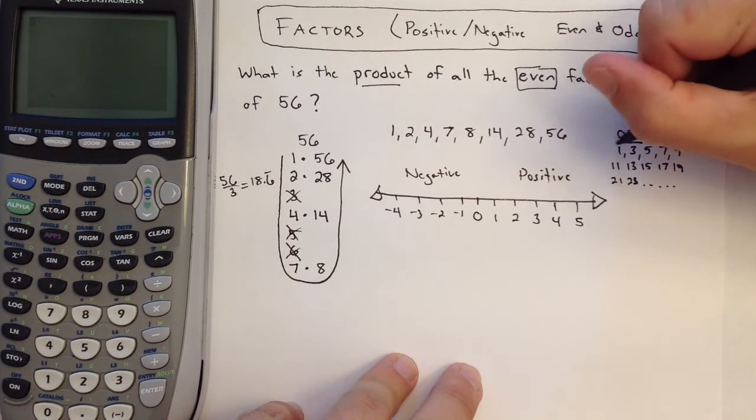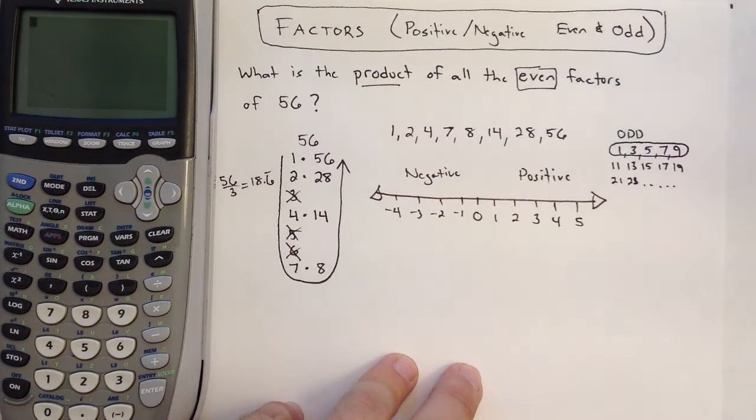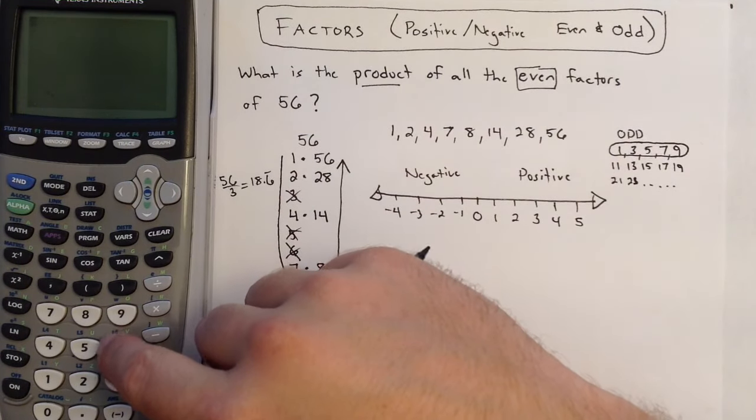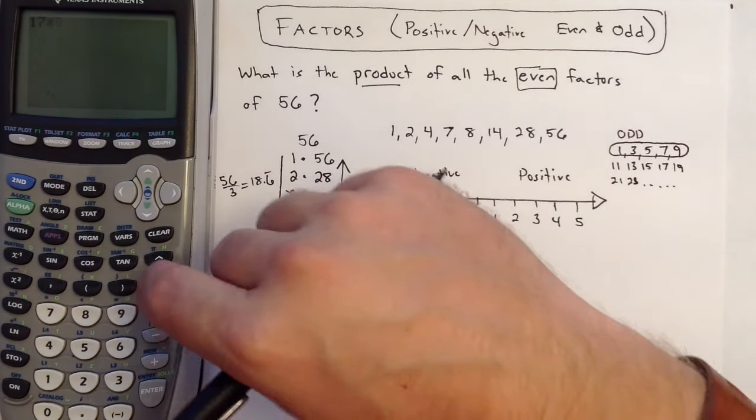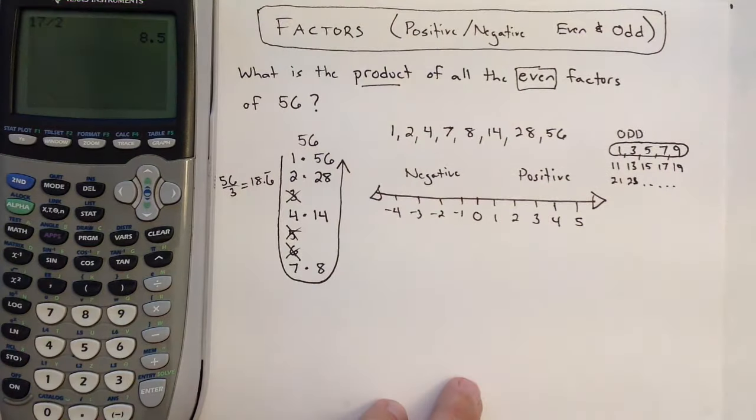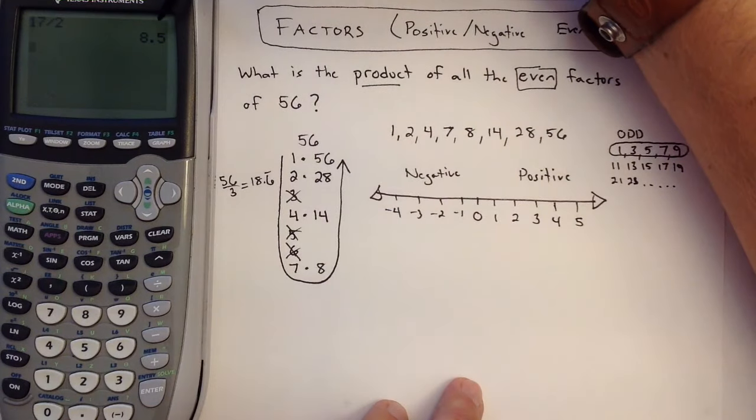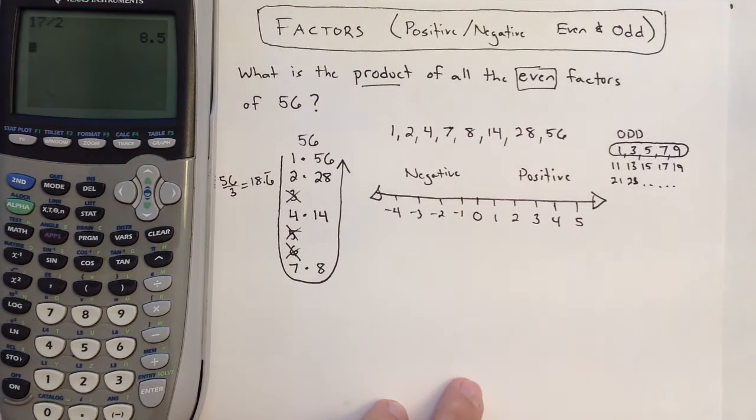Essentially, any number that ends in a 1, 3, 5, 7, or 9 is odd. And the reason it's odd is because if I take an odd number like 17 and divide it by 2, we get 8.5. Whenever you divide by 2, you try to split a number in half, and you get some kind of a remainder, then the number is called odd.